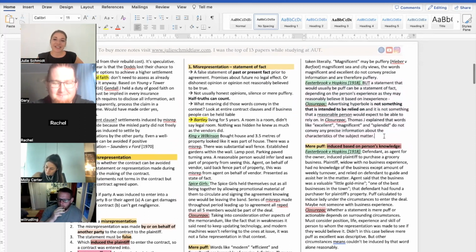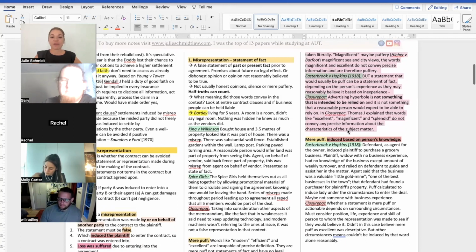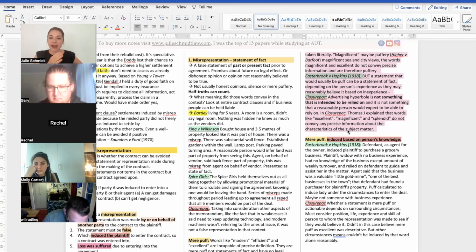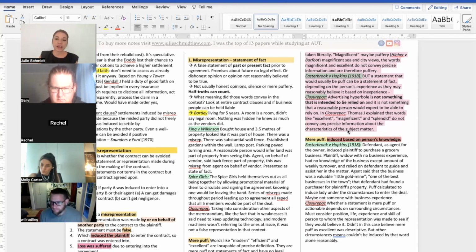So mere puff comes into play if a definition is so imprecise and unclear and so obviously just marketing that a reasonable person shouldn't rely on it as defining a future contract, then that will not count.